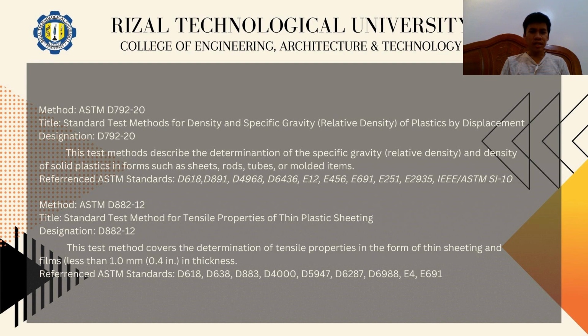Next is ASTM D792, Standard Test Method for Density and Specific Gravity, Relative Density of Plastics by Displacement. This test method describes the determination of the specific gravity and density of solid plastics in forms such as sheets, rods, tubes, or molded items.